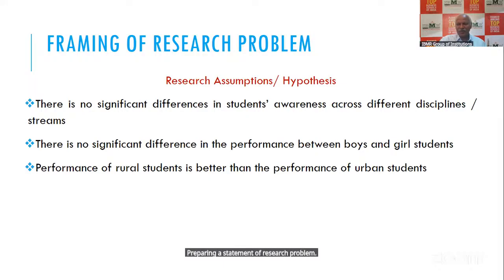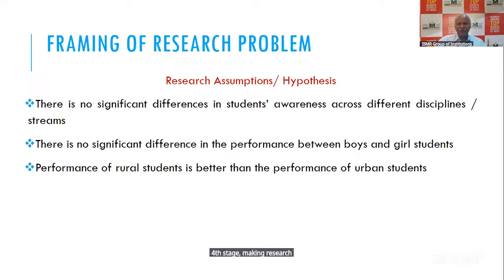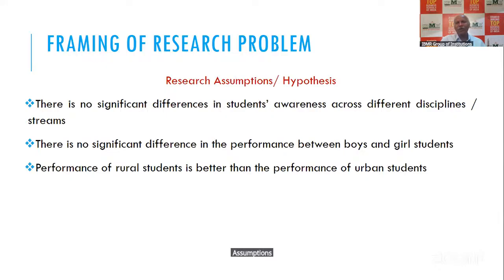Third stage, going for a literature review and identifying the research gap. Fourth stage, making research assumptions. Fifth stage, making research objectives. Based on my research issues and statement of problem, I am making some assumptions. Assumptions will come first. In all our proposals and papers, we write assumptions after objectives. But according to me, assumptions will come first, followed by objectives.